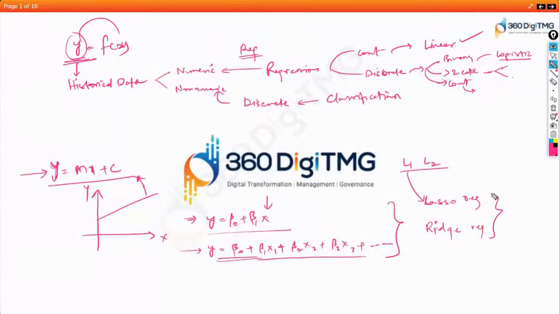In both these models, the simple logic which is applied is to try and remove those variables which are not putting much effect on y. In lasso, it will make the coefficient 0 so that the effect of the variable is completely removed. In ridge, the value of the coefficient is made close to 0. It will not be 0, but it will be made close to 0.